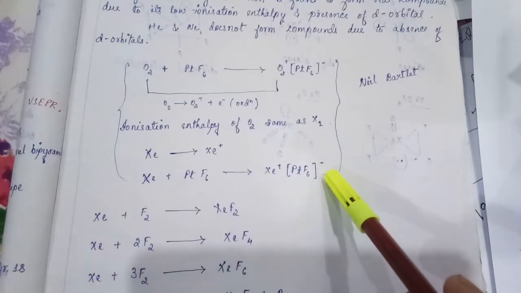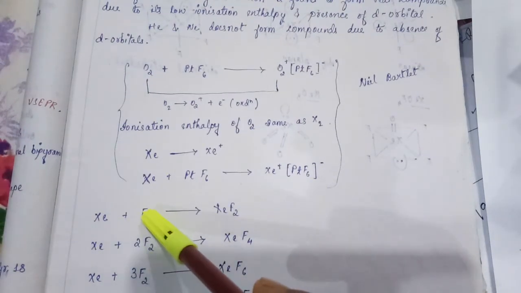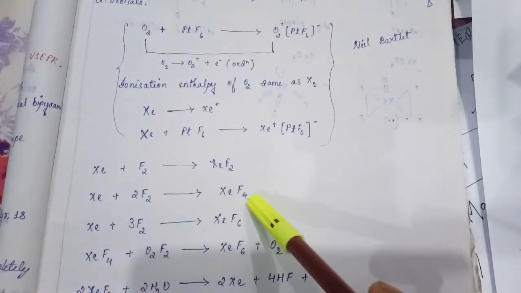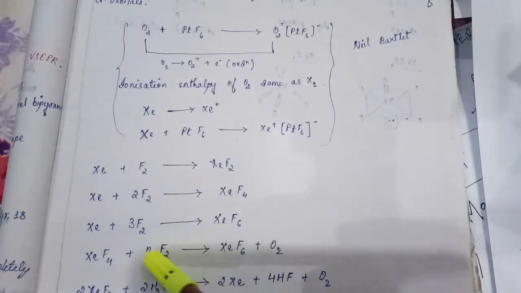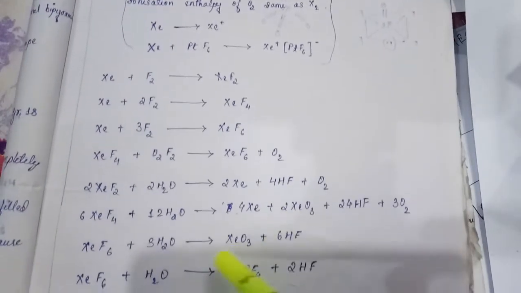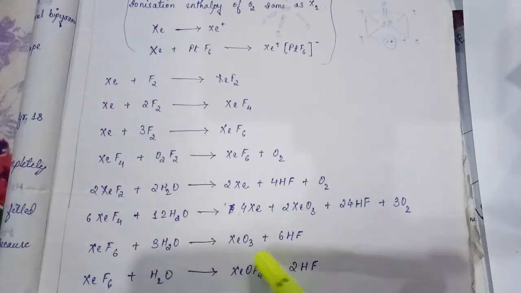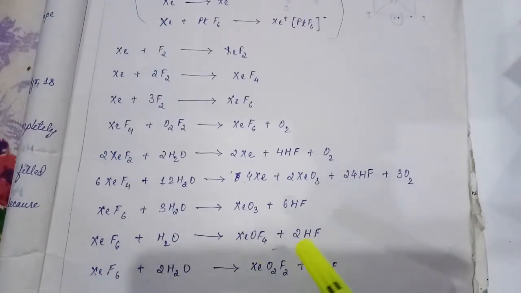After this preparation, he tried other electronegative elements: xenon with fluorine, XeF2, and XeF4. So several compounds of xenon with oxygen and fluorine form. All these reactions are important and required to know.